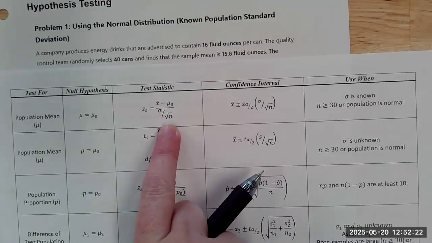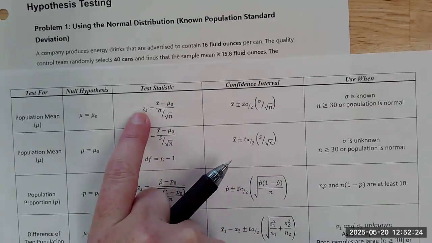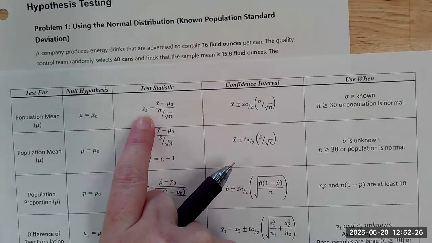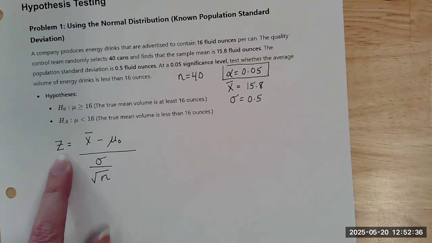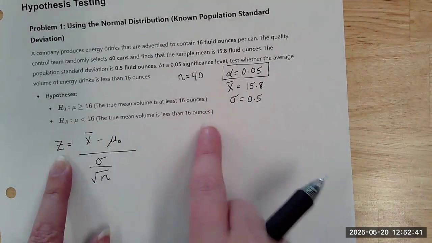Now, she's writing z sub s as our test statistic. Sometimes this z is going to be a z alpha over 2, and sometimes it's just going to be a z alpha. The reason we're going to just leave it as a z and not a z alpha over 2 is because this is a one-tail test.